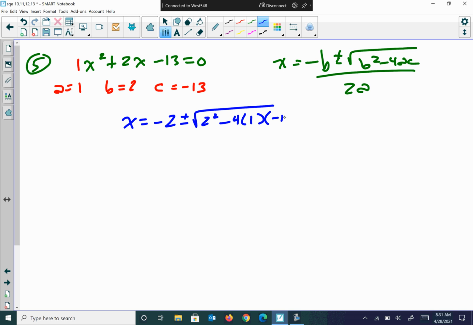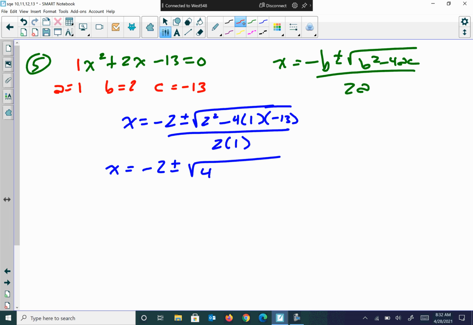So x equals negative 2 plus or minus the square root of 4, then let's do the math.